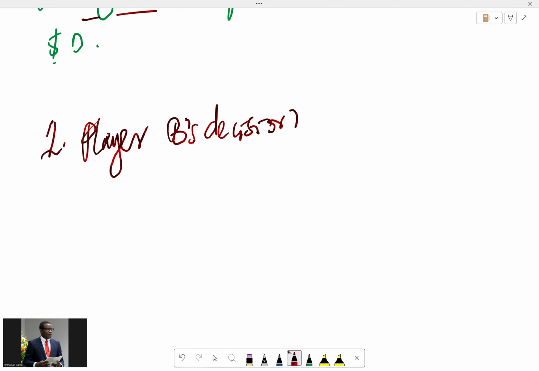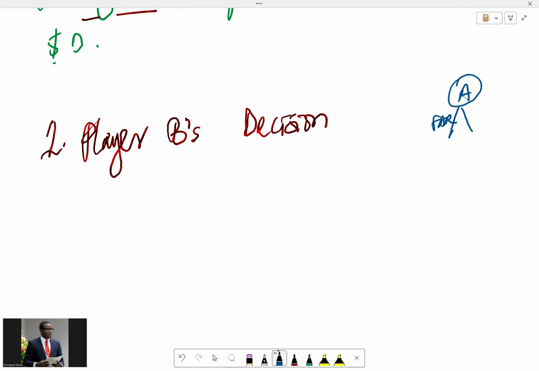So one way to actually do this is you can draw the game tree at one corner. Let me do that to demonstrate. So of course you have player A who can be fair or unfair. If he's fair, that's 50-50.